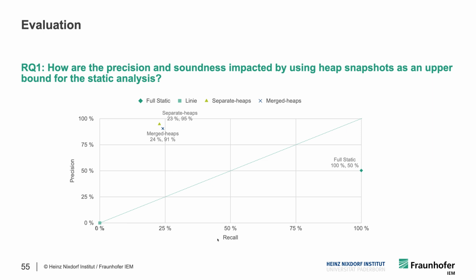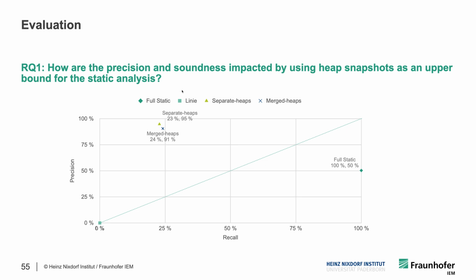And then we ran experiments using these different applications. And here I'm just showing you a brief summary of what we found. Again, there are more details in the paper, and I encourage you to take a look. So first of all, we asked the question, how are the precision and soundness impacted by using heap snapshots as an upper bound for the static analysis?